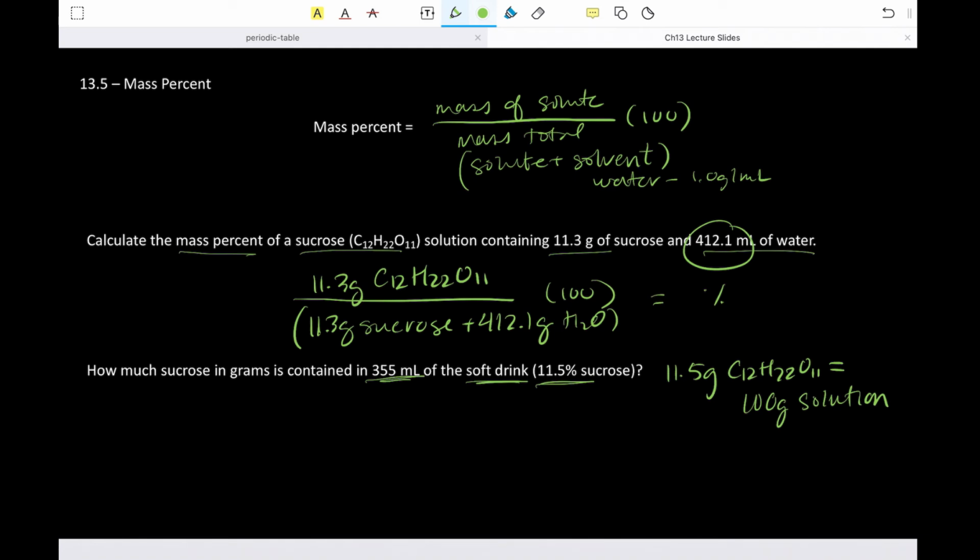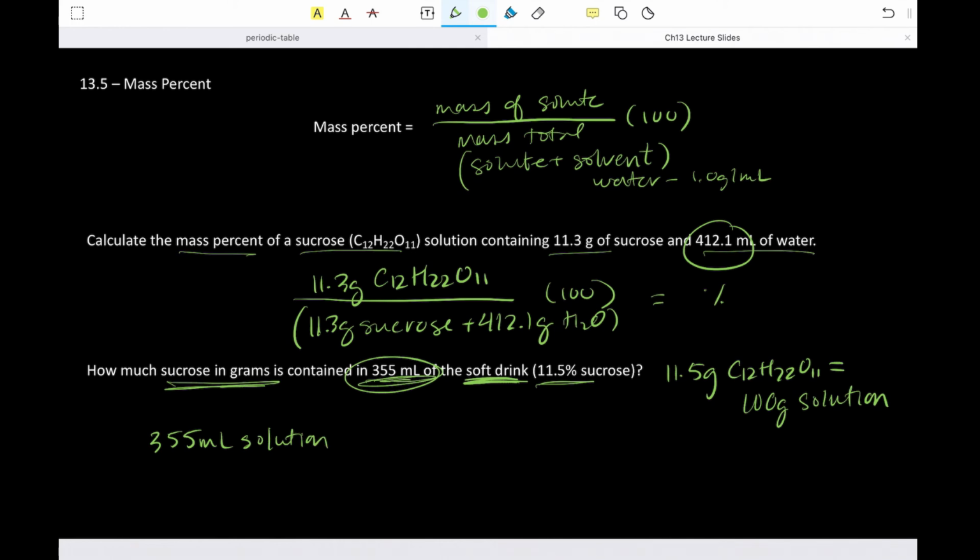And then how much sucrose in grams is contained in this many mils of the soft drink? And I do believe the question goes on to tell you that you can assume that the soft drink has the density of water. So then we would take our 355 milliliters of solution, because soft drink is the solution, where we have the solute and solvent mixed together.